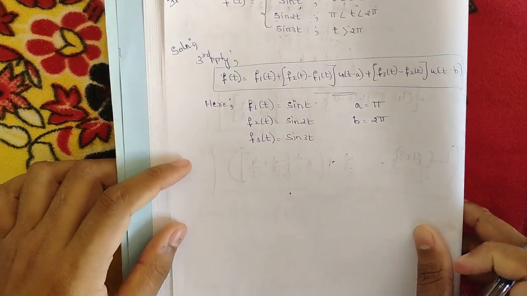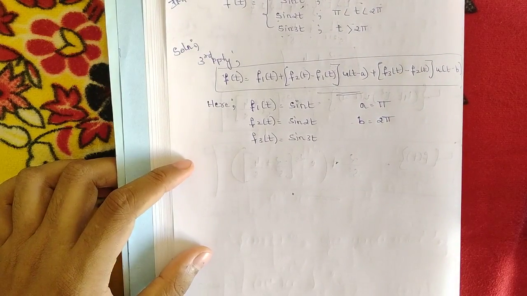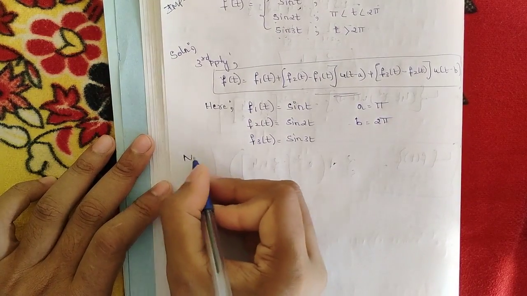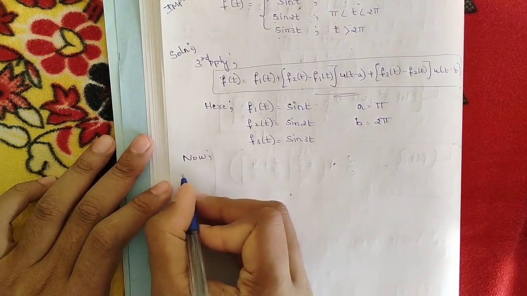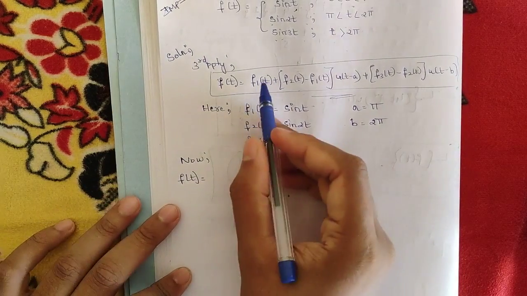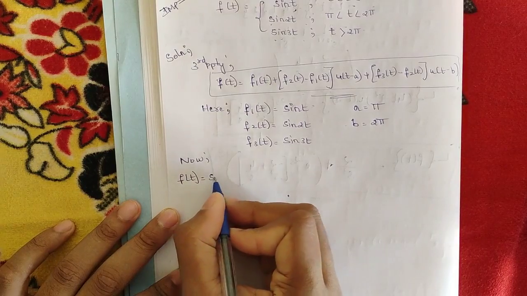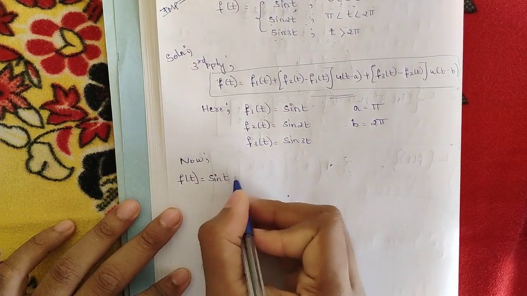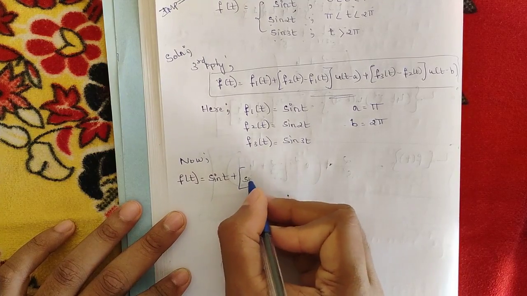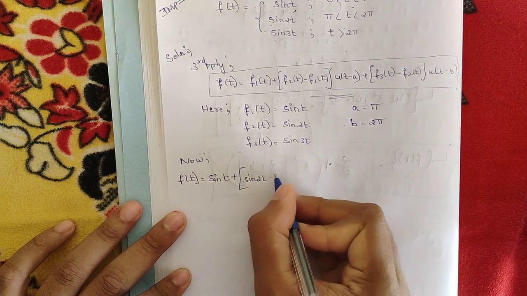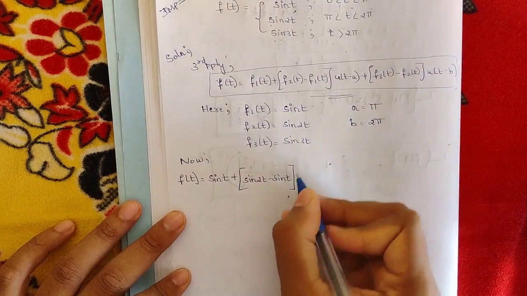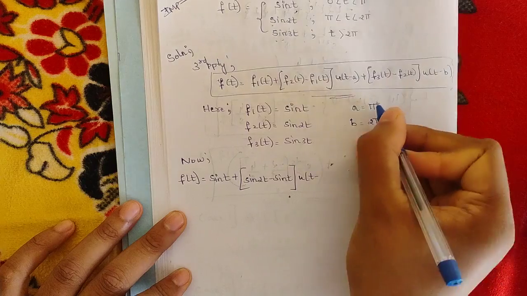Now let us see how to solve this problem. Substitute the values accordingly. F of t is equal to, first f1 of t, that is sin t, plus f2 of t minus f1 of t, that is sin 2t minus sin t, into u of t minus a, that is u of t minus pi.